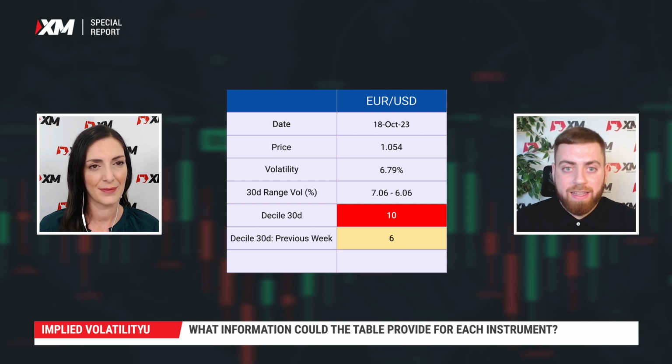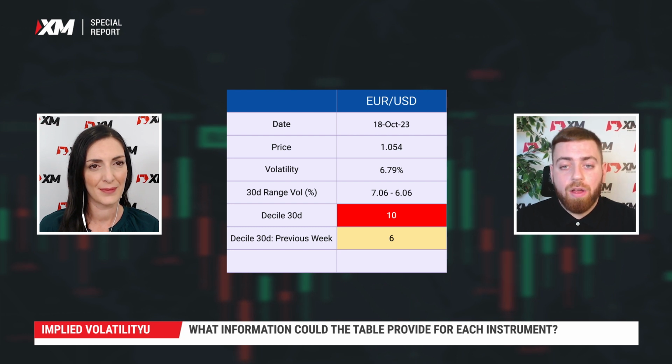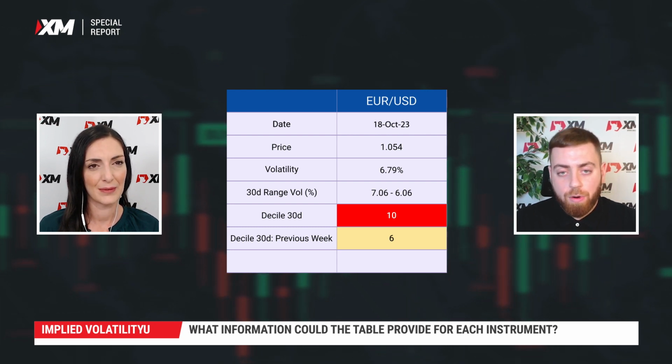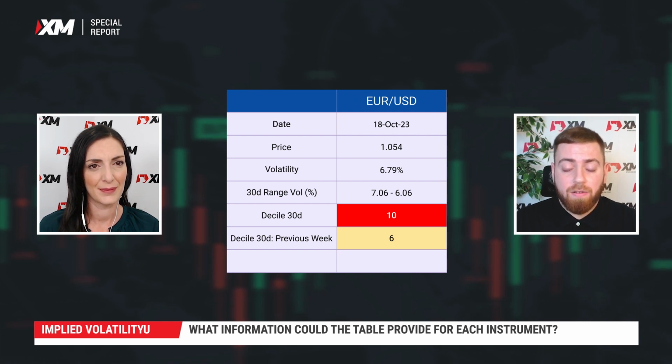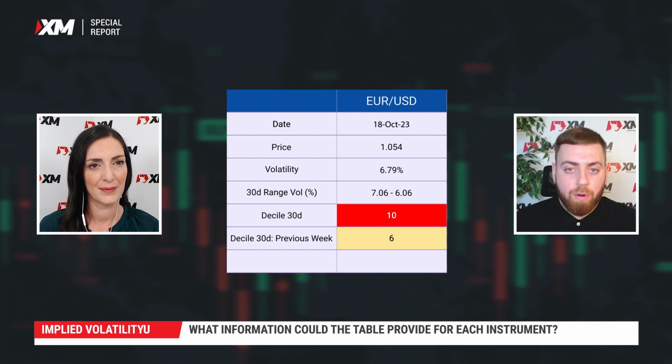Therefore, this decile figure shows some elevated chances of bigger moves going forward in the future. It's worth noting that the higher the decile number, the higher the chances of big moves, according, of course, to the market's forecasts. Similarly, for deciles 5 and below, the market's view of chances of big moves is relatively lower.